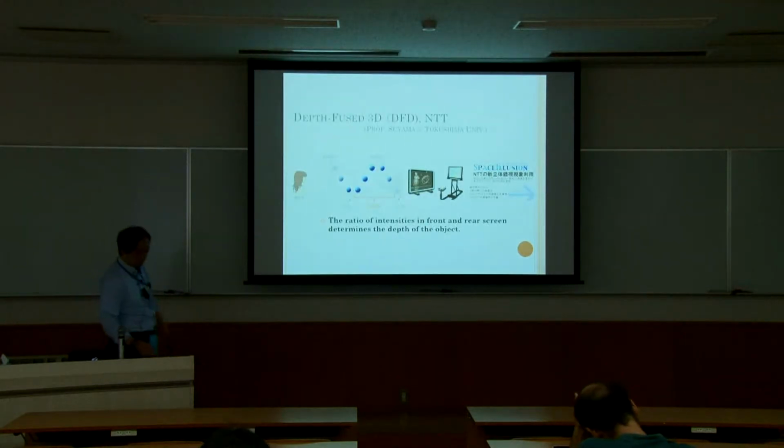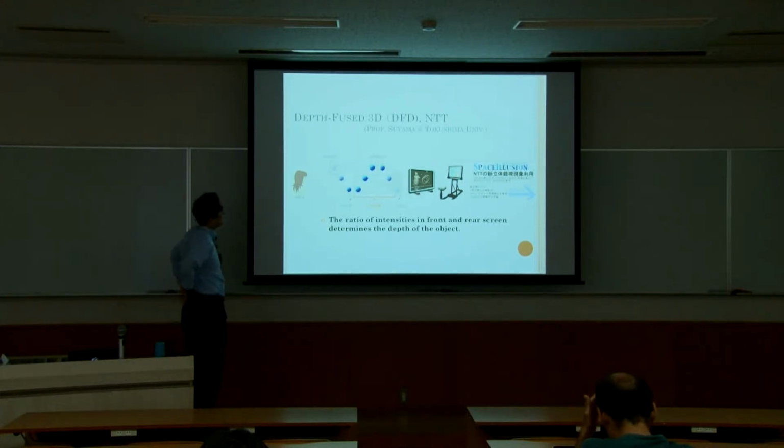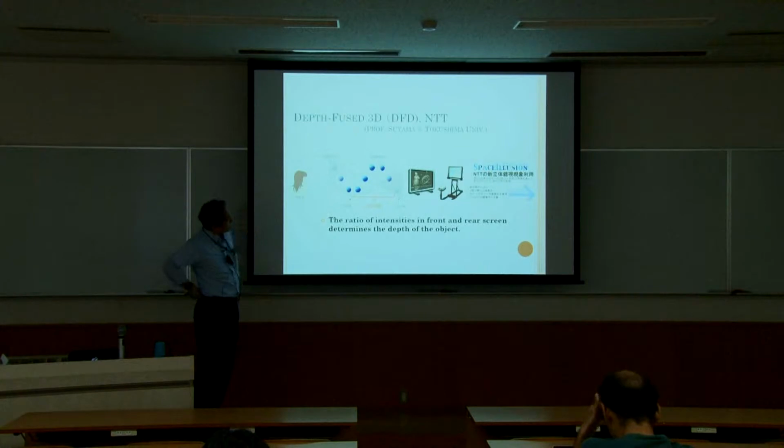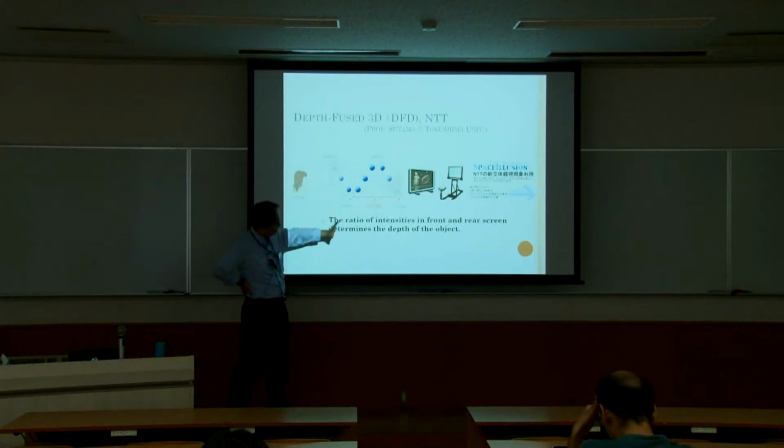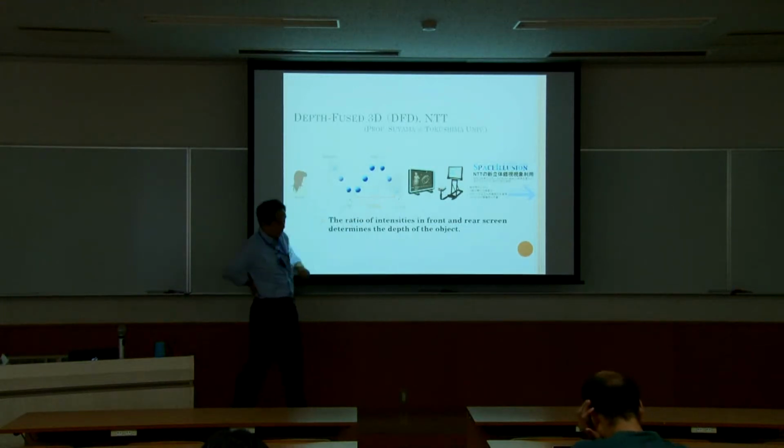And another is the depth-fused 3D image. This was invented by Professor Suyama of Tokushima University, who worked for NTT in about 2000. Their group invented this technique, depth fused. They used just two layers. The front layer displays this kind of image, and the rear layer displays this kind of image.